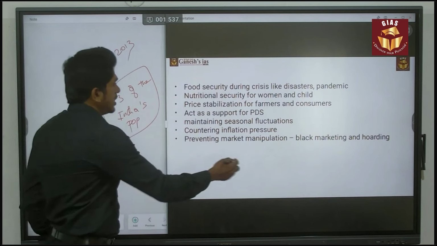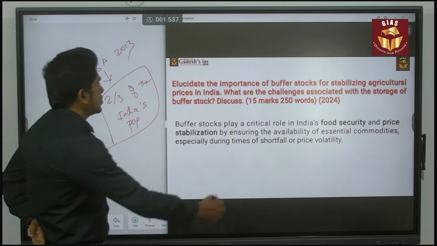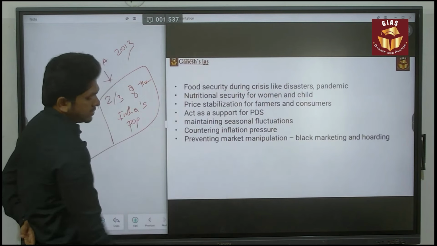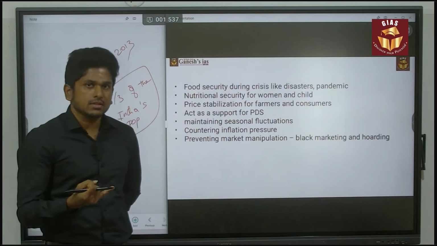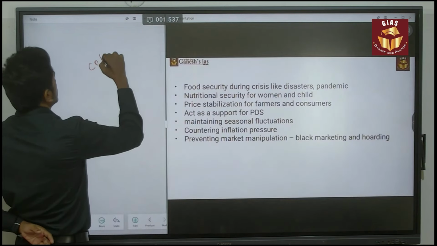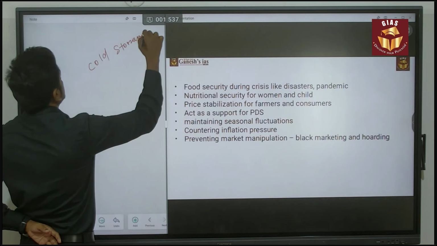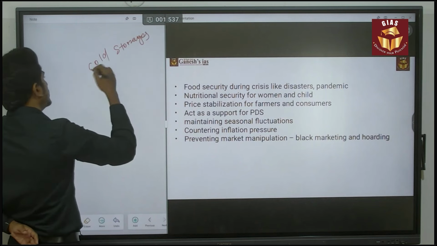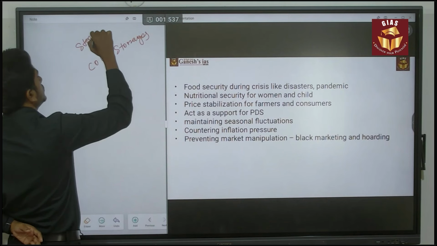Next, what are the challenges associated with the storage of these buffer stocks? When it comes to the challenges, it is mainly about wastages, because we don't have cold storage facilities. First of all, before jumping into cold storage, the storage facility itself is very limited.